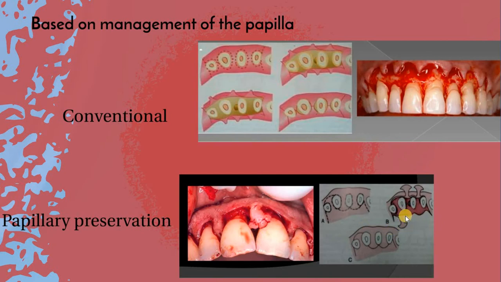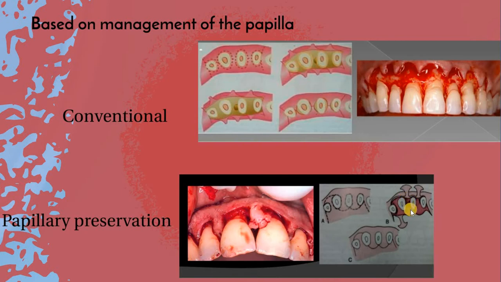on the base of the papilla palatally, then release it and push the palatal papilla, with the buccal or labial papilla, outward, and do your work. For example, putting a bone graft or soft tissue grafts or connective tissues.